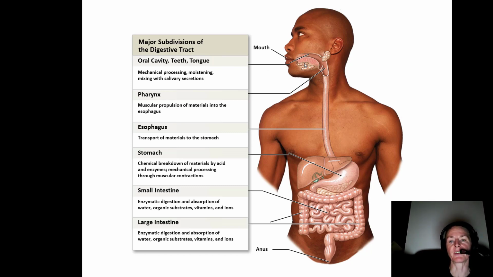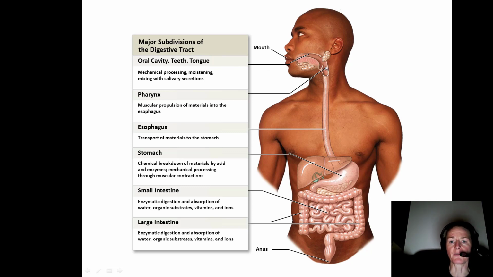And that's going to start the digestion of lipids in the mouth. We're also going to have something called salivary amylase, which is going to start the digestion of carbohydrates in the mouth. So we're actually going to start the chemical breakdown of food in the mouth, as well as the mechanical breakdown of food.